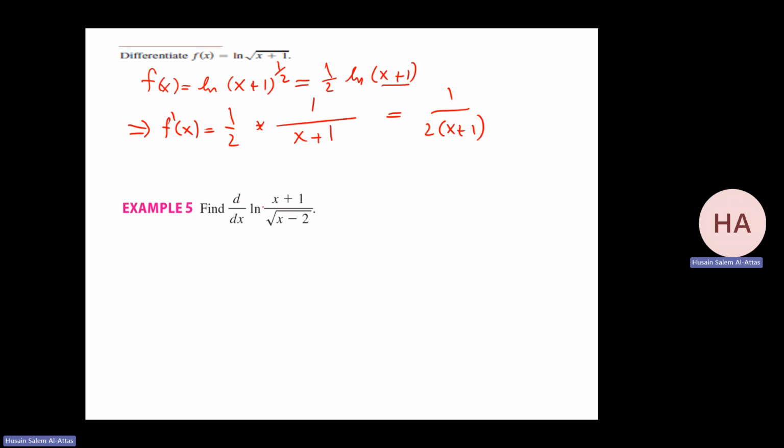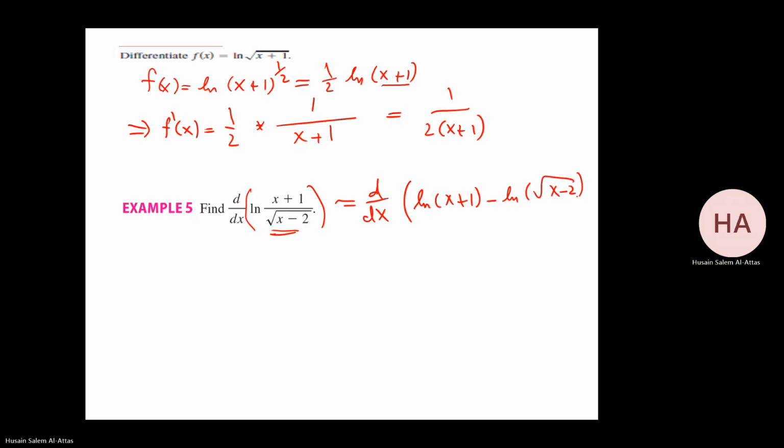The same thing here. First, I need to simplify this one. So that will be d over dx of what? This is ln a over b, so it will be ln a minus ln b. Also, this one, I can make it as a power.